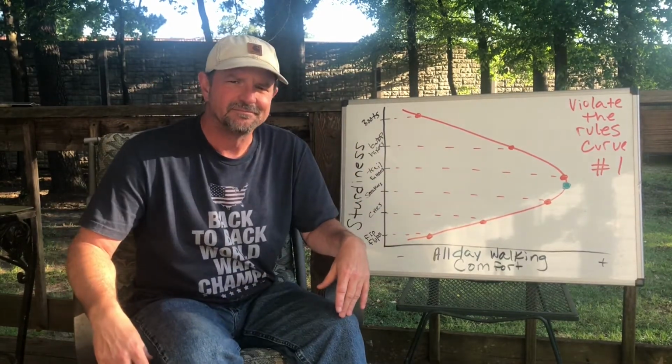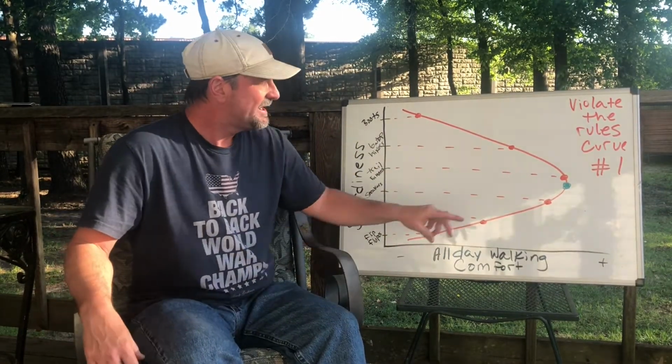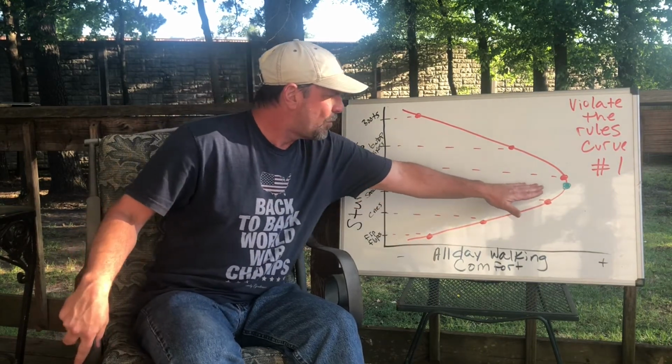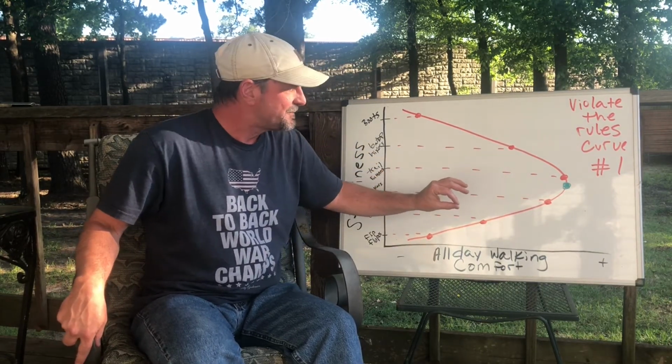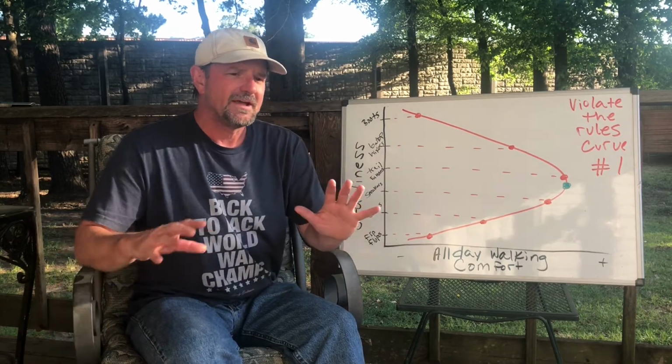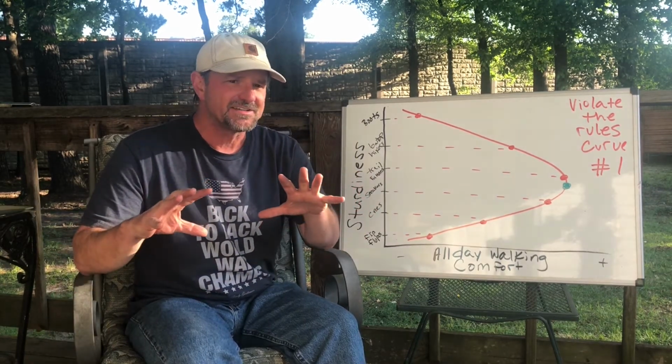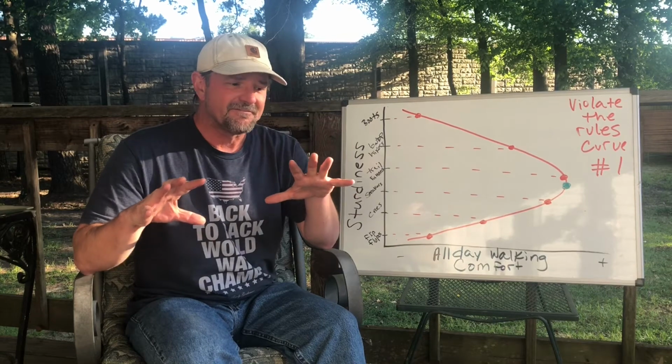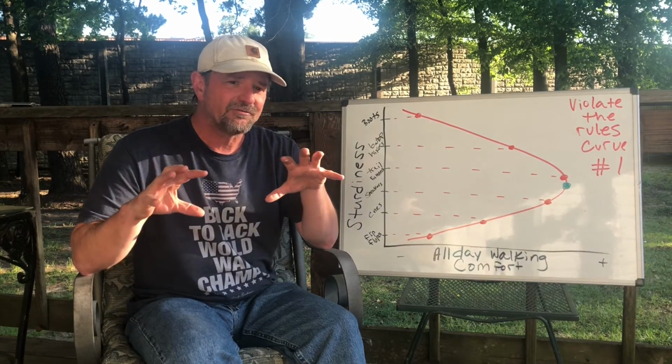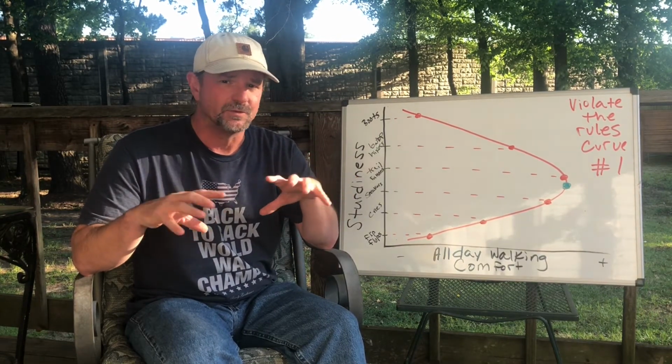That may not be accurate, but it makes the point that if that point is not exactly at one of them, then you're going to have a little bit of trouble figuring out exactly the shoe, and finding that shoe that is the perfect compromise between the two.